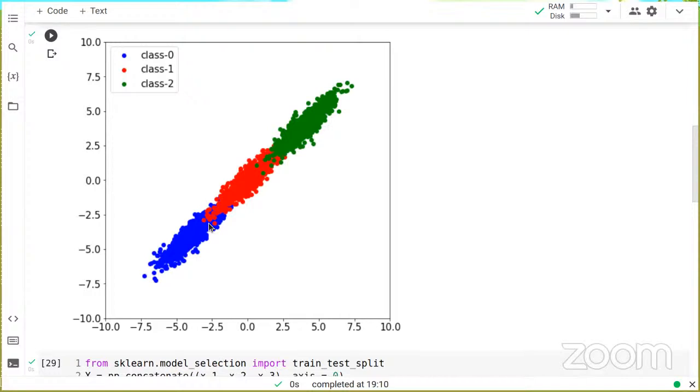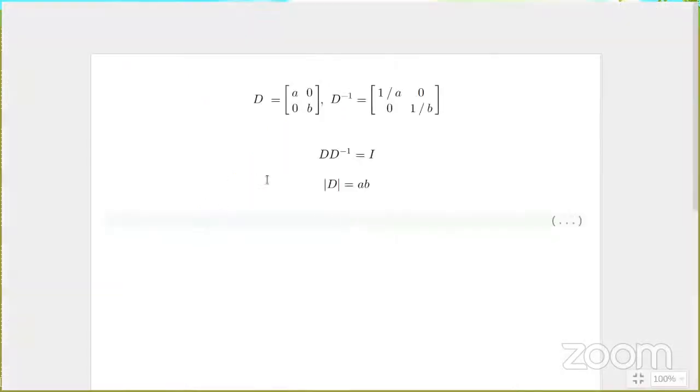I am the one who's modeling. So in that case, whatever covariance matrix I learned will still be diagonal. Is this point clear?